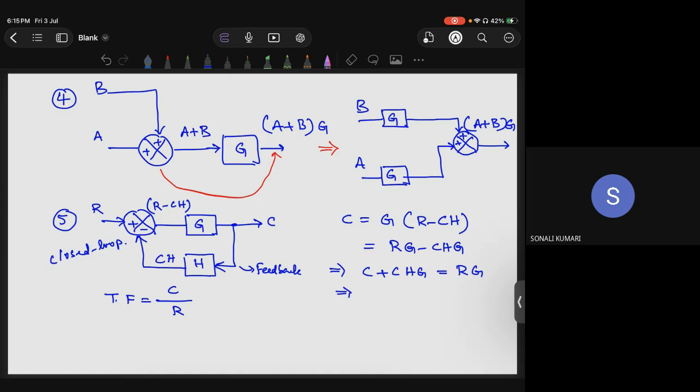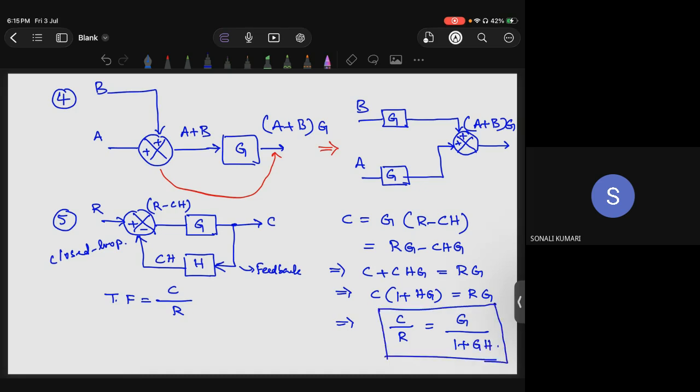So C, if you take common, 1 plus HG equal to RG. So finally C by R equal to what? G by 1 plus GH.